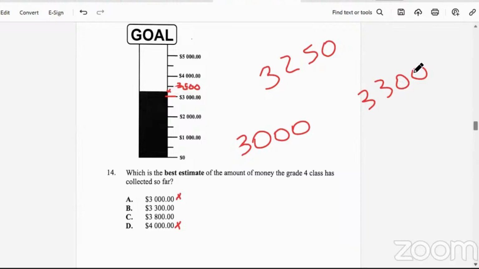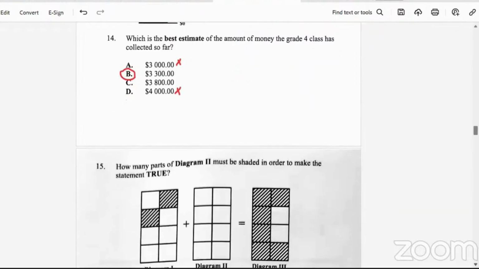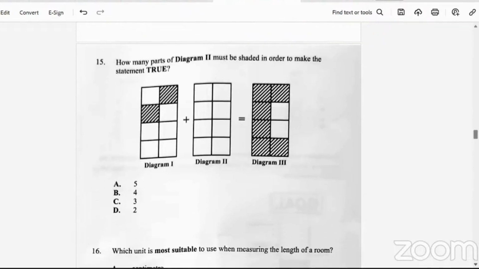You actually need to go down 250, right? So the best estimate, they are closest to 3,300. So my answer is B, 3,300. That's the best estimate of the amount of money they have collected so far. Usually you don't want to overestimate, but that's the closest, they could round it off to that amount based on the options that are given.